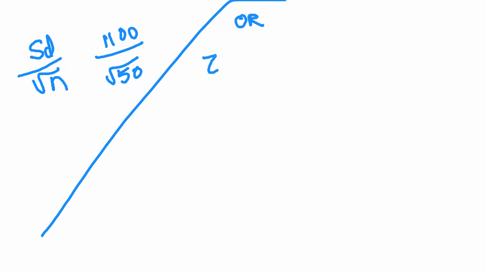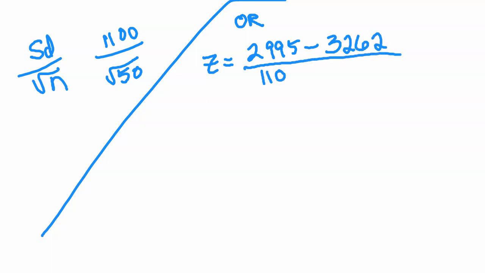Or you could find the z-score where you take your sample, 2995, minus the claim mean, I'm doing the same problem, over the standard deviation over the square root of n. So if you use this formula, let me use my calculator.